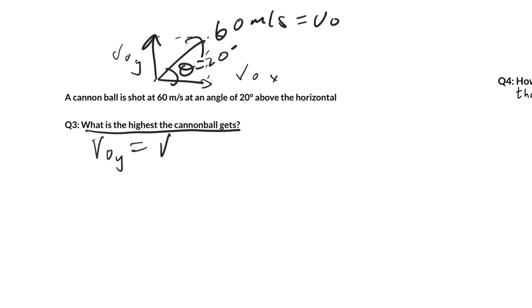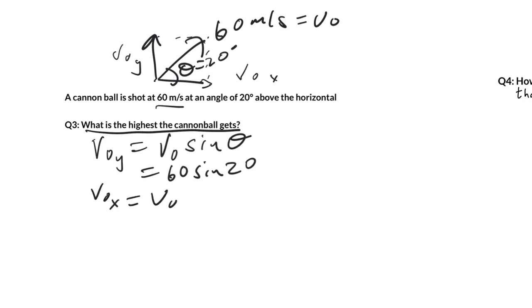VOY equals the opposite side, VO sine of theta, equals 60 times sine of 20. Then VOX, we might as well find that. VO cosine of theta equals 60 cosine of 20.